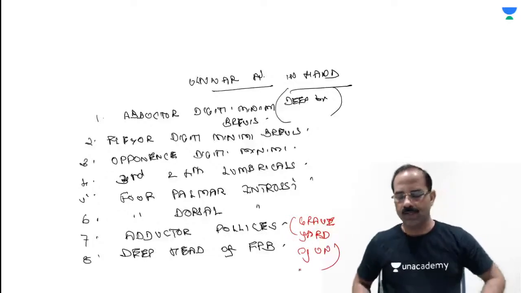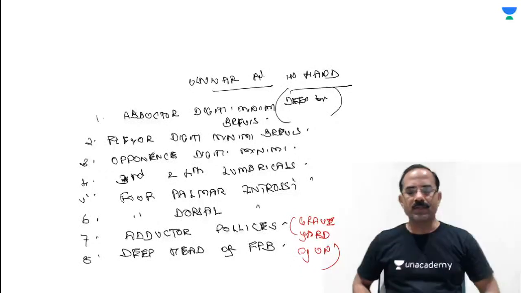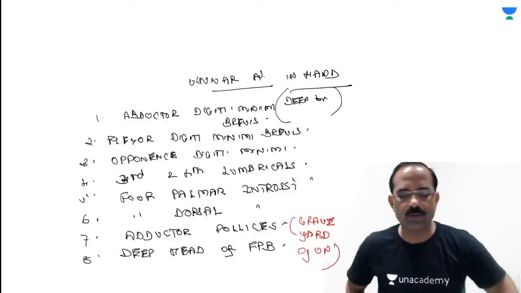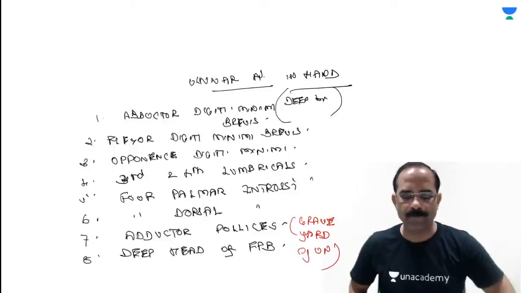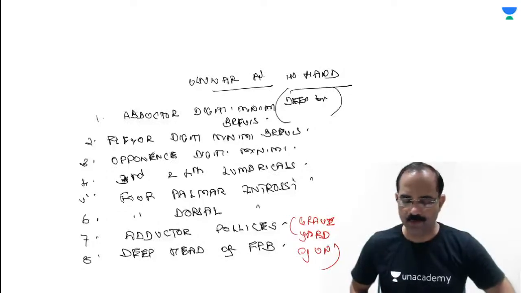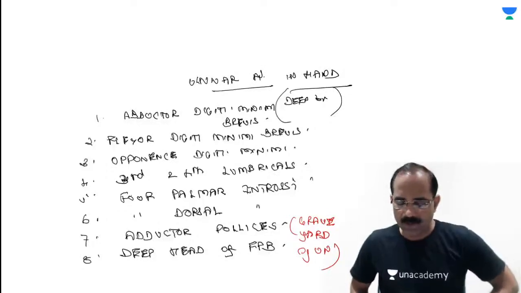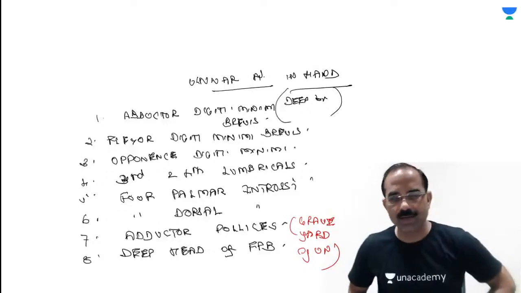The graveyard of ulnar nerve is adductor pollicis. I hope this is clear to all of you, students. Fine. So that's about the muscles supplied by the median and the ulnar nerves in the hand.